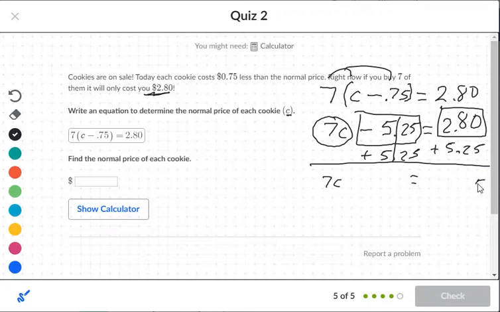So right here I get 5, 0, carry my 1, that would be $8.05. So again, if I add the 2.80 plus $5.25, that's going to be 5, 10, carry my 1, is 805. So now we circle and we have one box. So now we want to divide by 7.